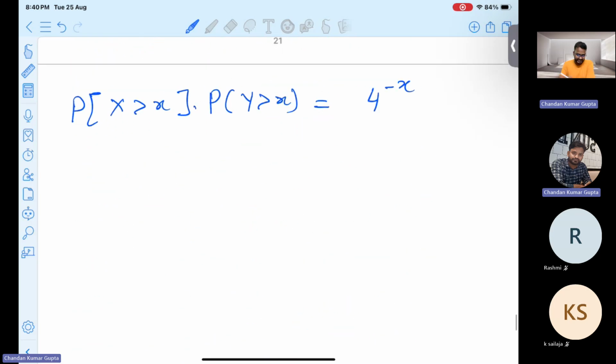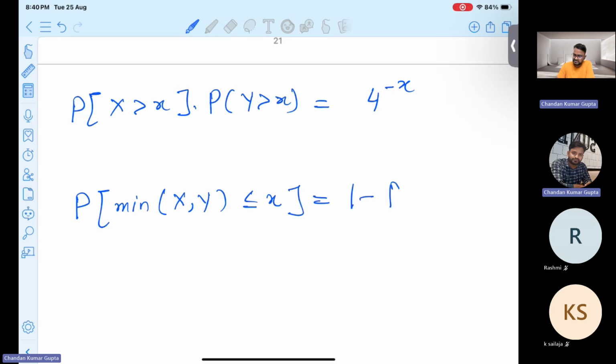Now, our actual aim is to find the probability that the minimum of X, Y is less than or equal to x, which is equal to 1 minus the probability that X is greater than x, probability that Y is greater than x.